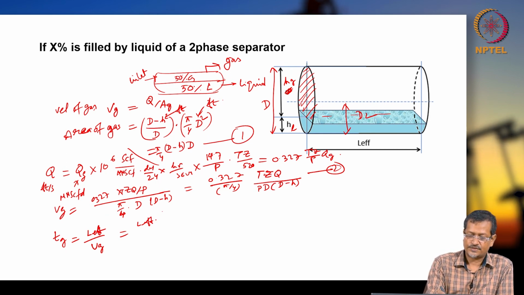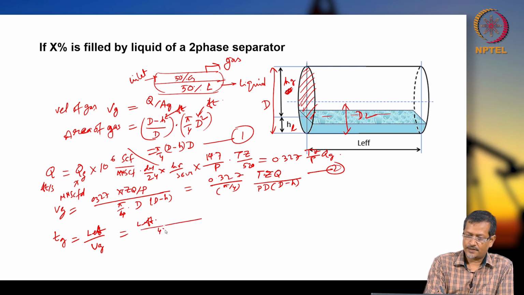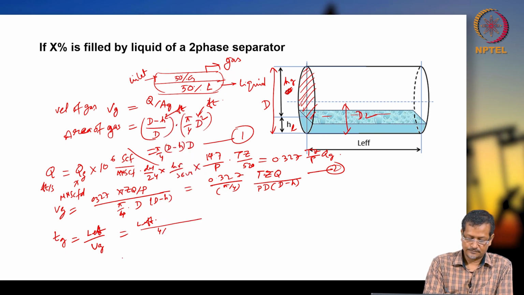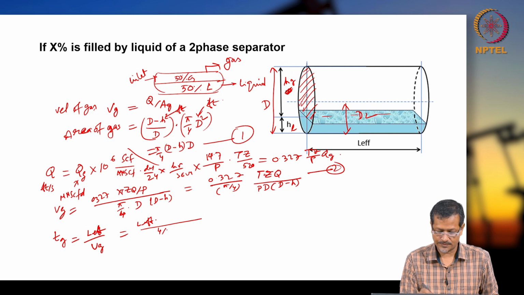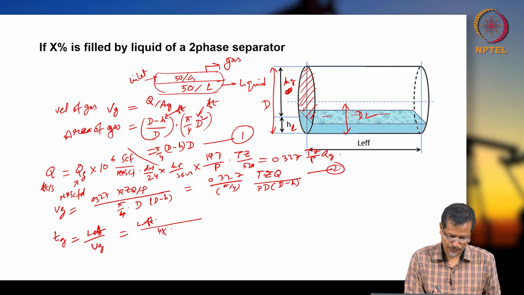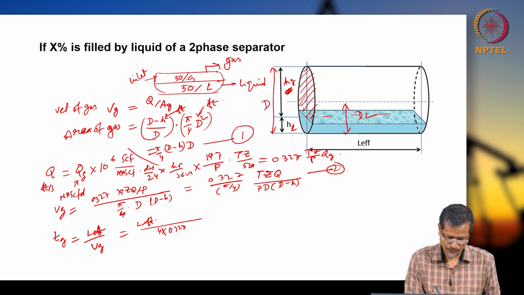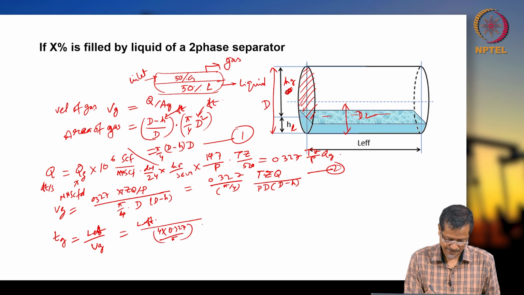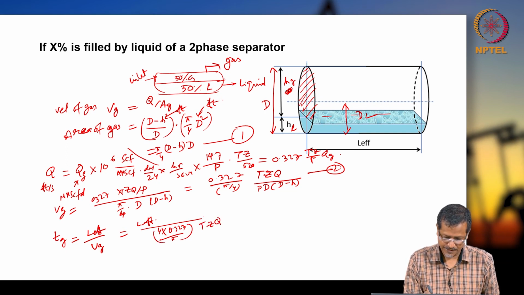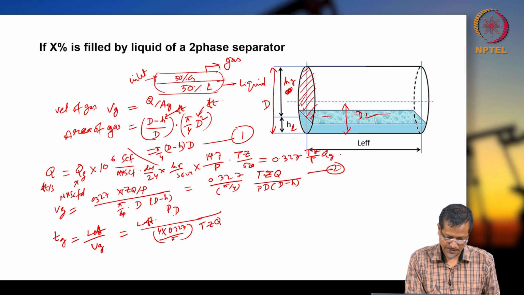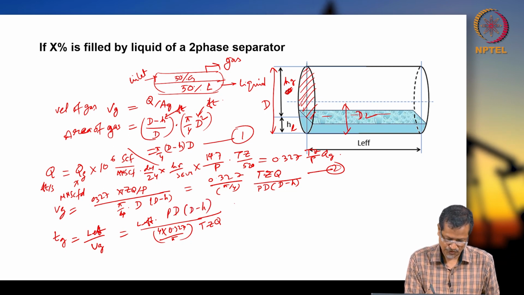So the Vg value we can write here as 4 into 0.327 by pi, TZQ by P D squared minus h.